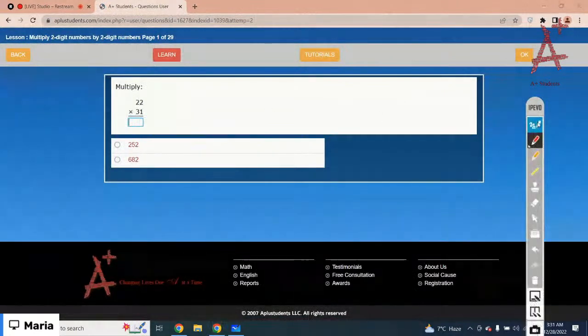Okay, you have to do 22 times 31. Got it? You have to do multiplication 22 times 31. So always start multiplying from the ones. 1 times 2 is 2 and 1 times 2 is 2. Got it? Now you're going to multiply the tens digit, so you have to add a 0 right below the ones and write the numbers right below the tens digit. Got it? 3 times 2 is 6 and 3 times 2 is 6.